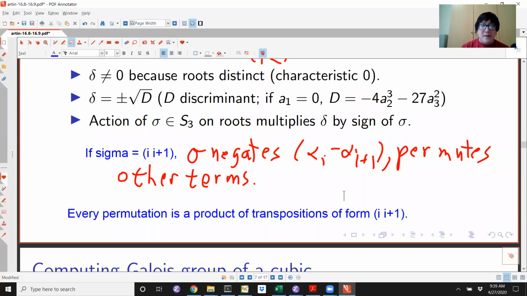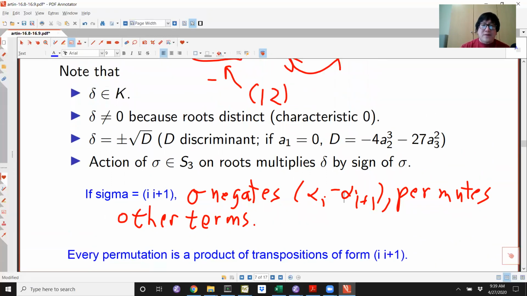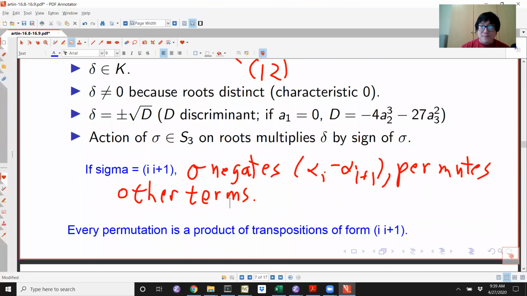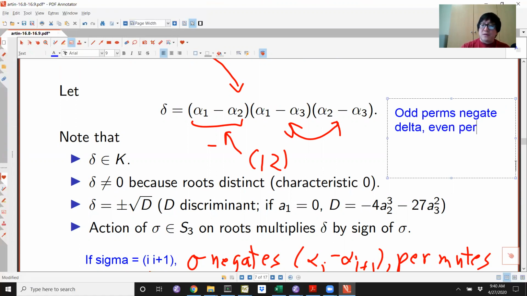That's still true even if you just use these particular transpositions. So an odd permutation will negate delta, and an even permutation will preserve delta. That's a good slogan. Let me write that down. Odd permutations negate delta. Even permutations preserve delta, in other words, leave delta invariant.